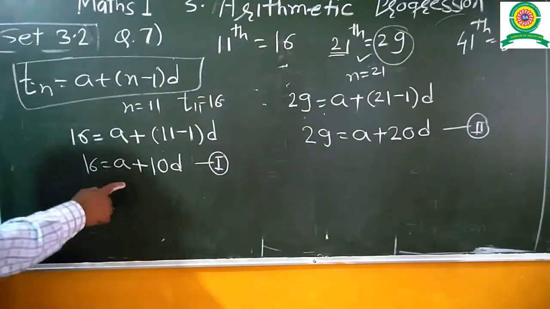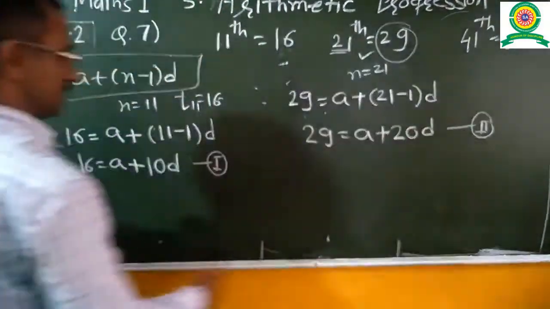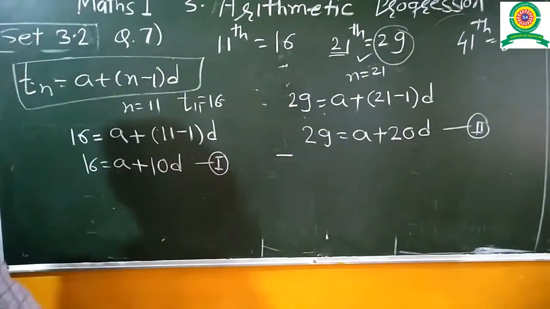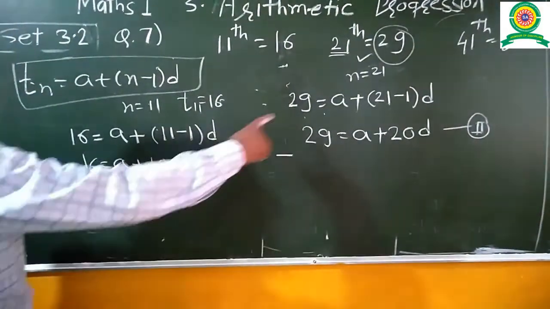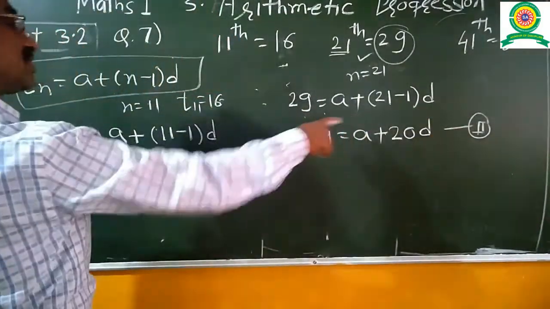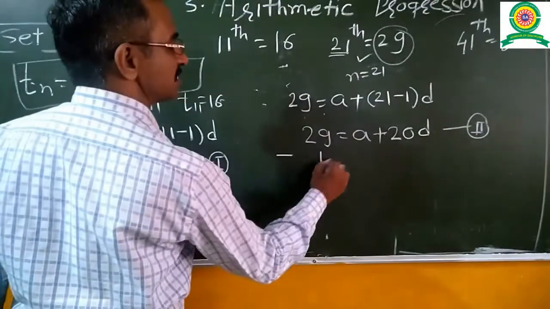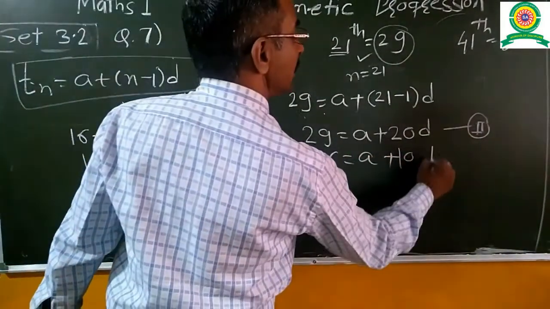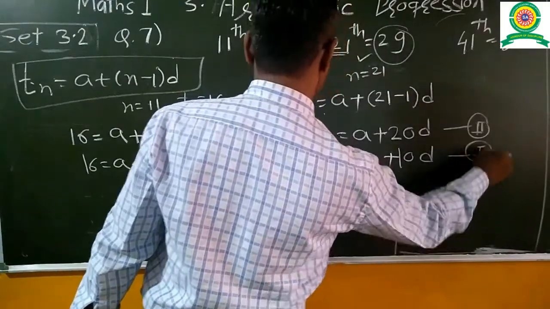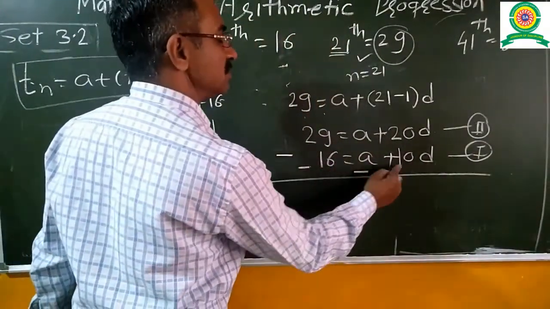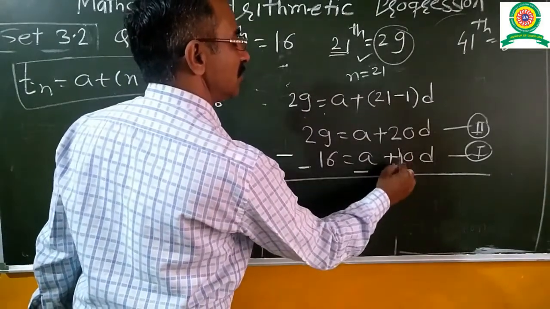So we get the first and the second equation. So by the elimination method, to solve the simultaneous equations, we subtract equation number first from equation number second. So we are writing here 16 is equal to A plus 10D. It is the equation first. By subtraction, we are changing the sign, minus, and here is also a minus.